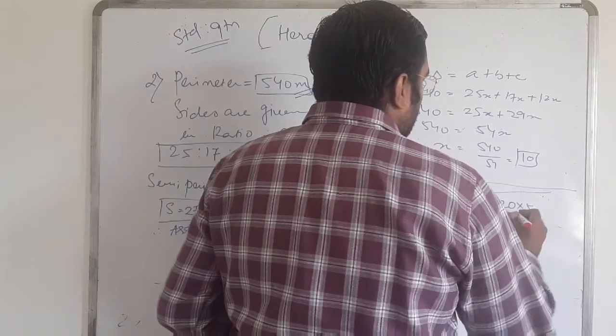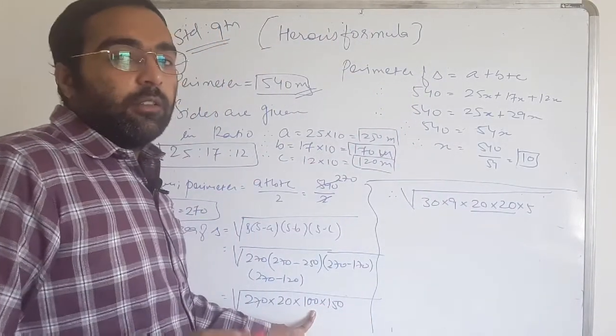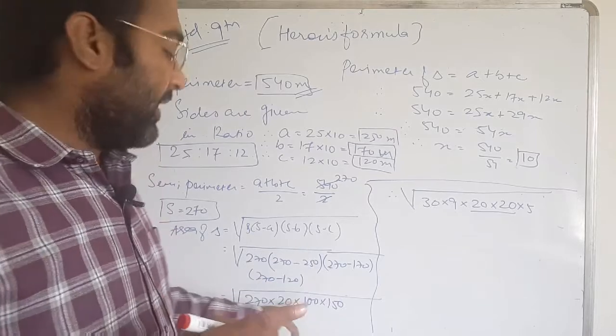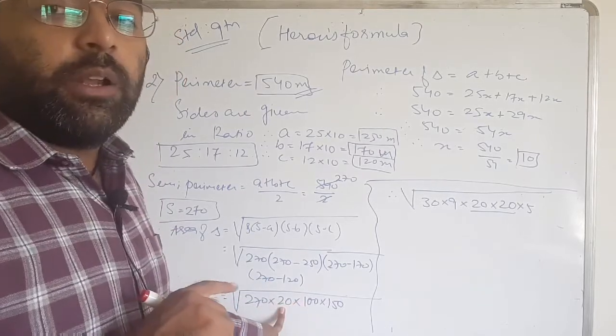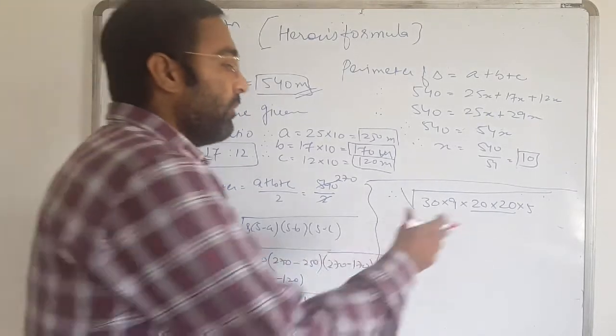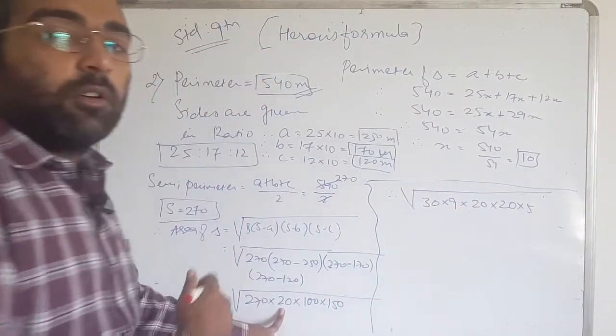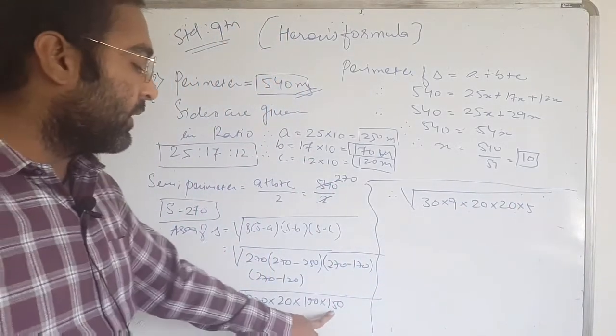So I'll take the pair of 20 from that. That's why we split 100 as 25, and that's why I take 20 as it is, to form the pair of 20. So that's easy for me to take common out from that.